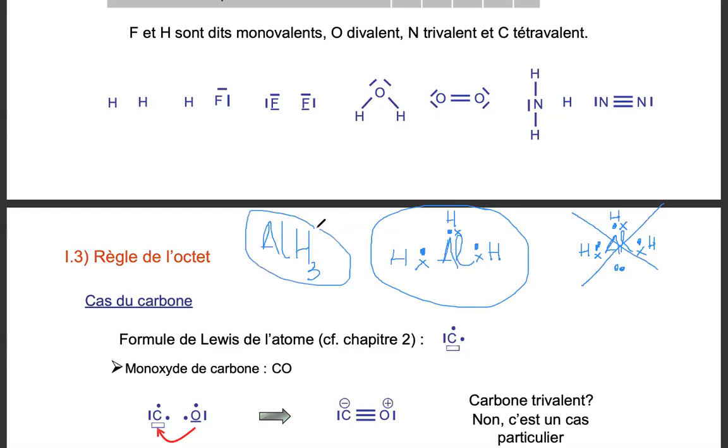Now, where does the exception come in with the octet rule? It does not satisfy the octet rule in the sense that when you count the number of electrons, aluminum has only 1, 2, 3 electrons, and is also sharing 3 other electrons with hydrogen.